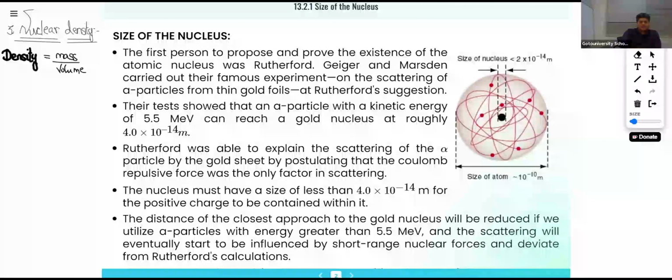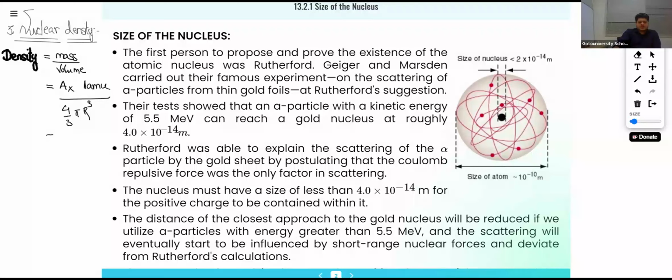What is the meaning of mass? 1 A into 1 atomic mass unit. And what about volume? 4 upon 3 pi r cube.